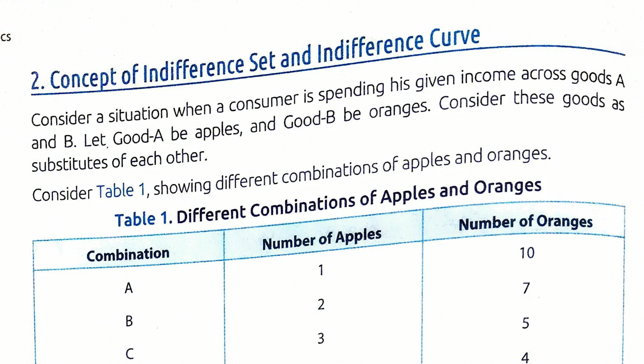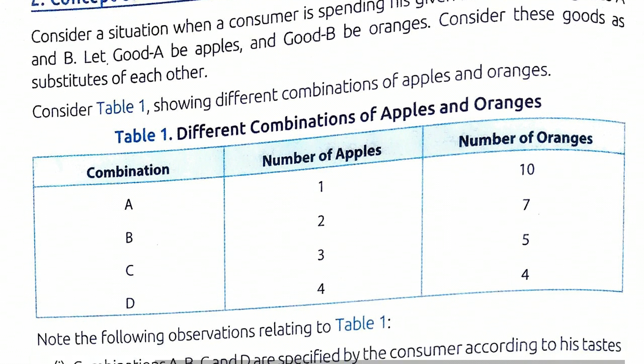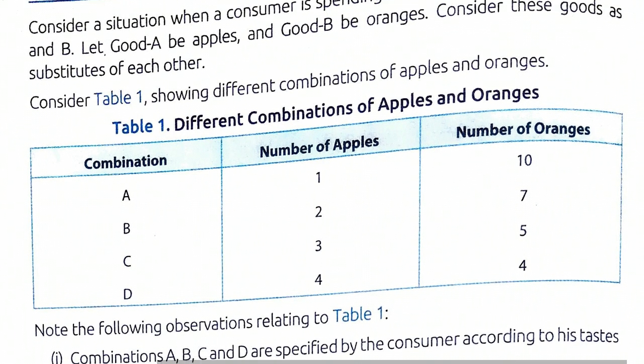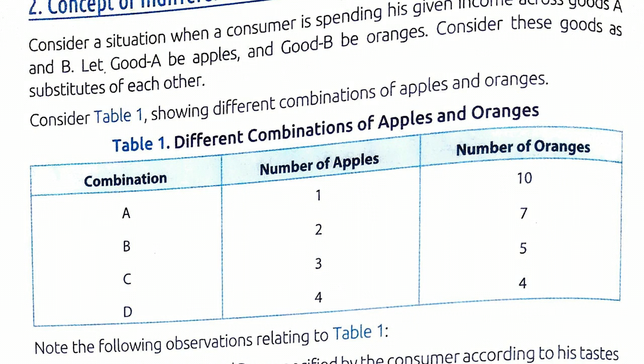Now look at this indifference set. There are different sets, set A, B, C, D, in which there are different combinations of apples and oranges consumed by a consumer. Set A says that the consumer is having 1 apple and 10 oranges.